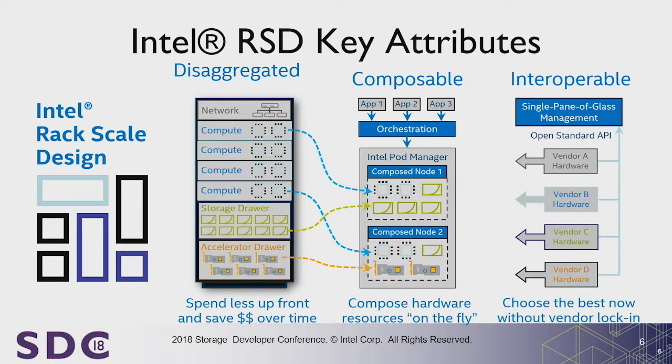For example, orchestration can make a request to the Intel pod manager, where a pod is an arbitrary collection of racks, so the Intel pod manager can manage 1 to n racks. Orchestration can use this single point of management to request a composed node. A composed node is a logical entity that aggregates disaggregated hardware. For example, give me a server with that amount of memory and local storage, and also provide me two NVMe over Fabric volumes which are remote to the requesting server.